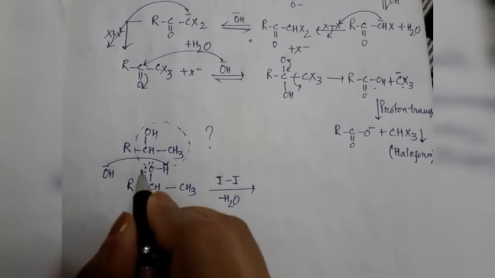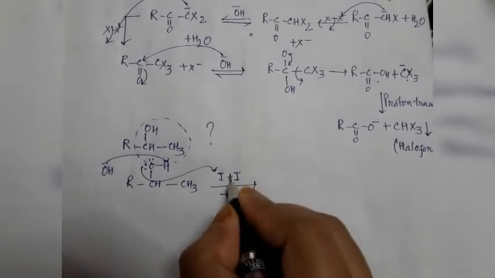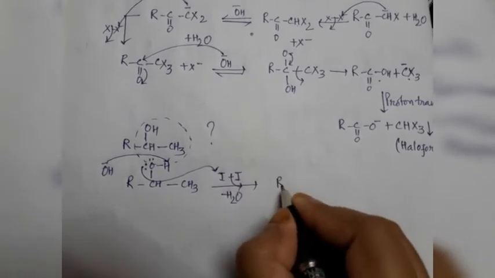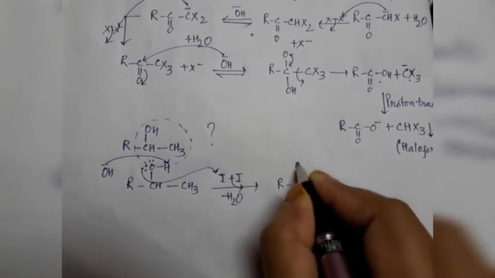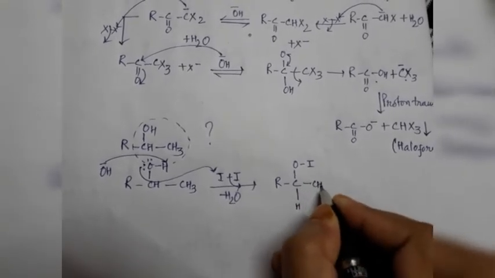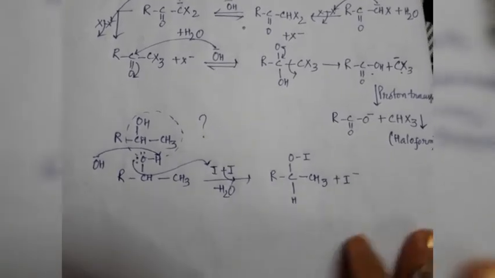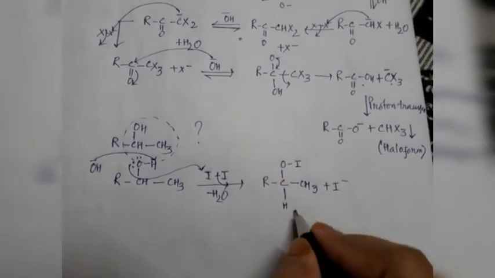Next, with this lone pair of electrons, it will attack the iodine molecule and one iodide will be left. This is OI, H and CH3 with iodide. This is left.